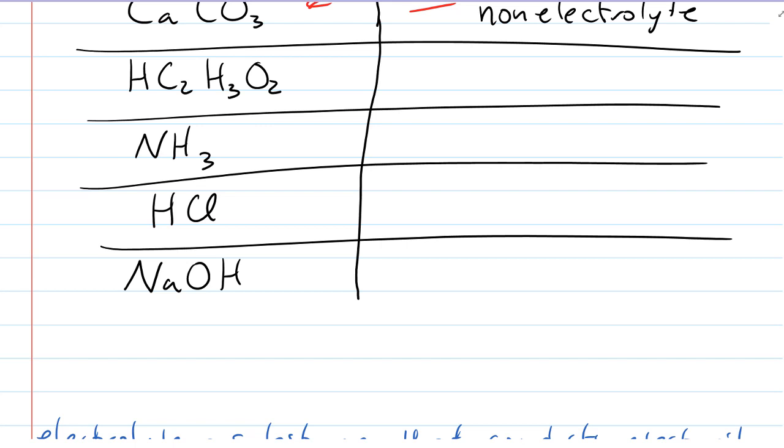The acetic acid here is a weakly conducting solution. We say that this one is a weak electrolyte. And so that means you should go back and relabel all the ones we did previously as strong electrolytes. And this one here is a weak electrolyte.